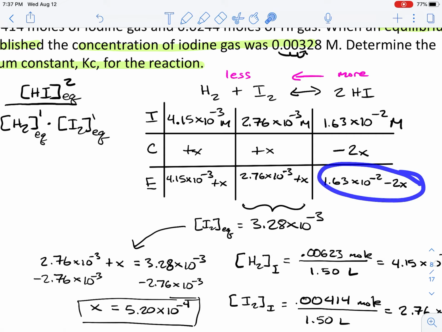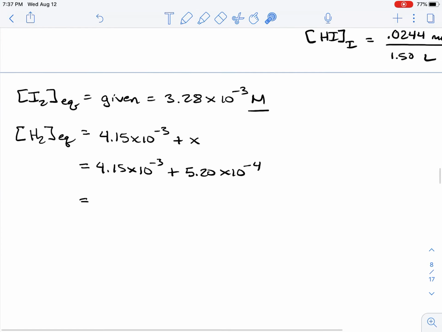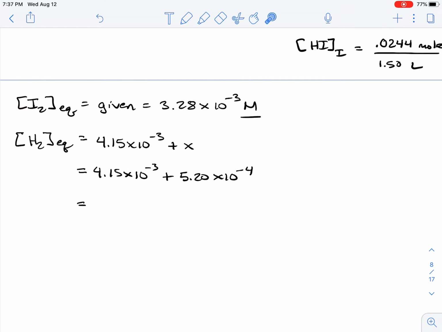And finally for HI, it's going to be this expression over here. Actually, let me just plug this in real quick. So I have 4.15 times 10 to the negative 3 plus 5.20 times 10 to the negative 4. So what I'll get is 4.67 times 10 to the negative 3 molar. Okay? So this is going to be the equilibrium concentration for hydrogen gas.